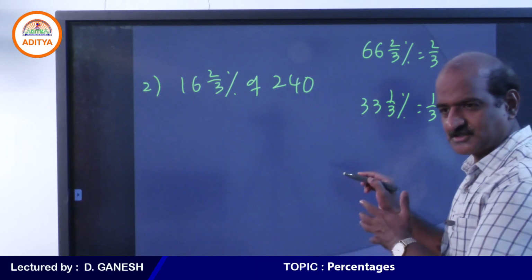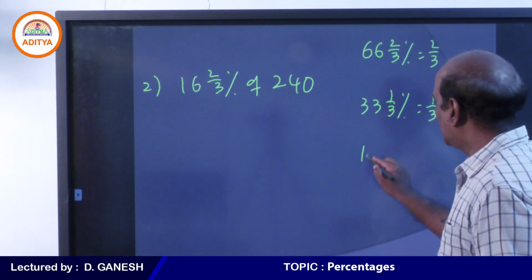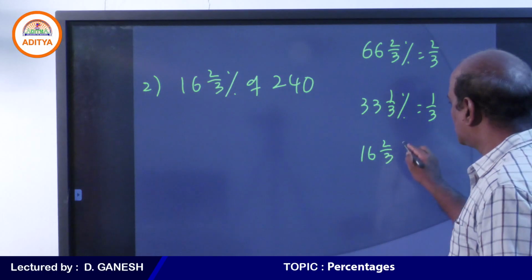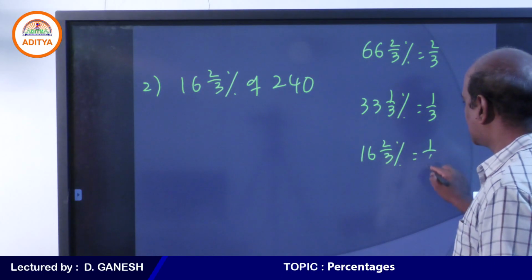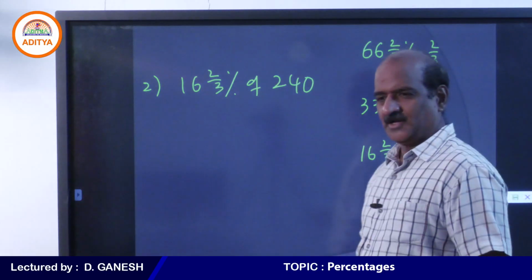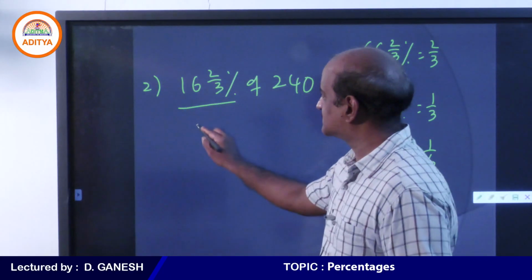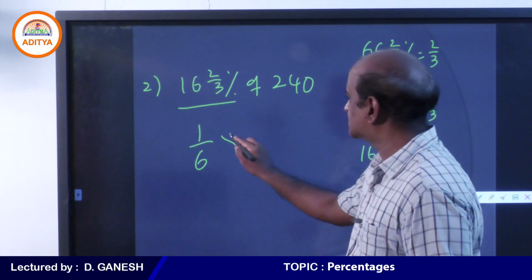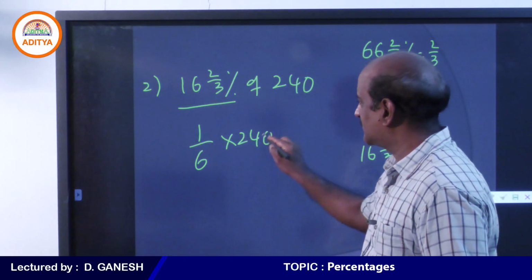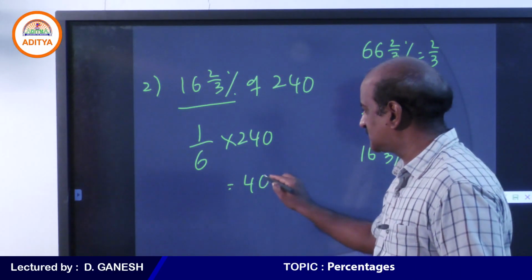You remember these standard fractions? And half of that, 16 2/3%, is nothing but 1/6. I hope you understand my point. Hence 16 2/3% is 1/6, and 240 by 6, therefore your answer must be 40.